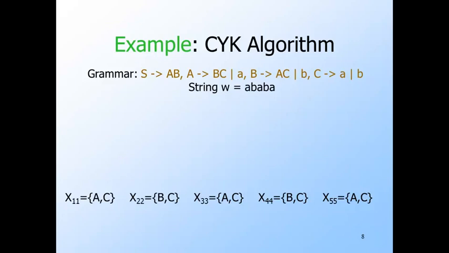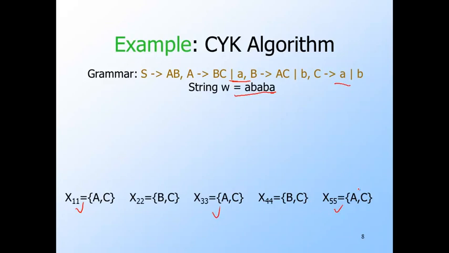For the basis, let's see which variables have a production whose body is a. These variables are capital A, which has this production, and capital C, which has that production. Thus, if w has the symbol little a in position i, then X sub ii will be {A, C}. We see a in positions 1, 3, and 5 of w, so that explains X11, X33, and X55.